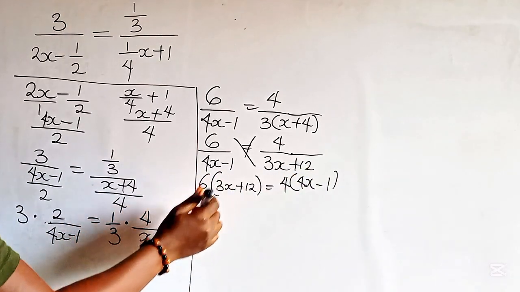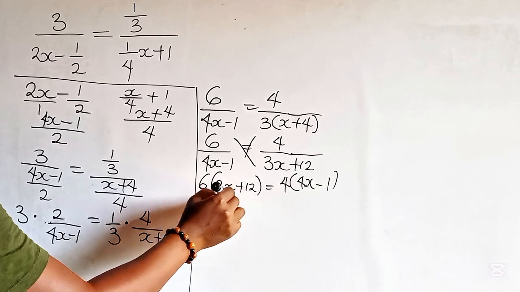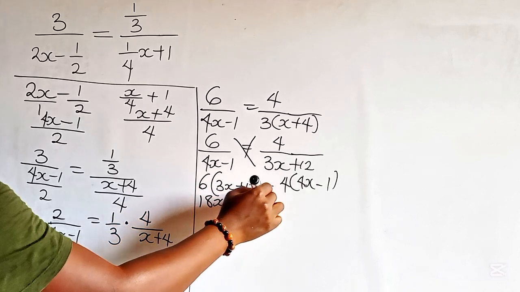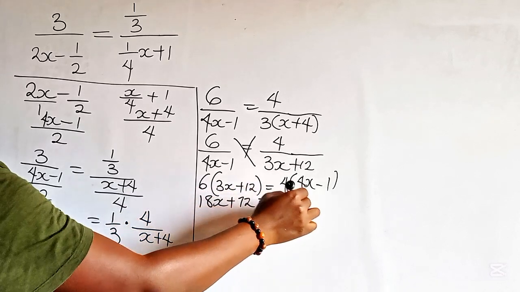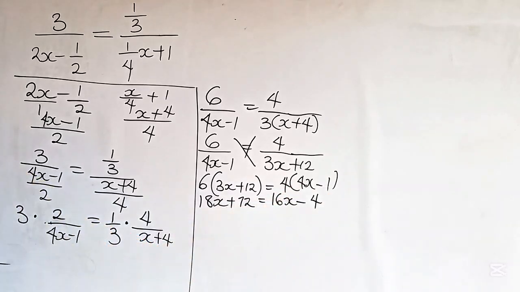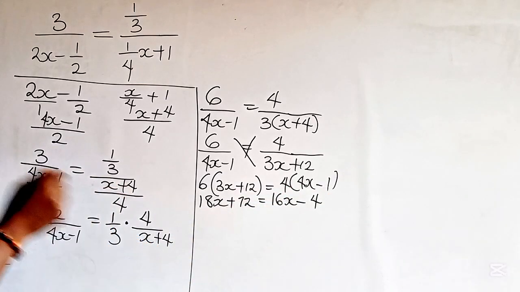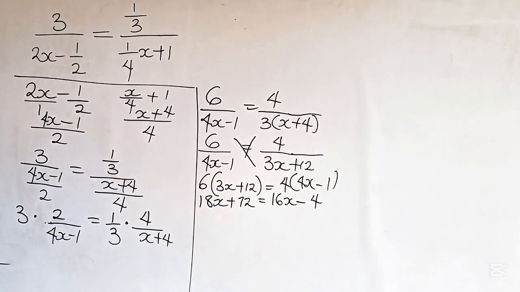So we have 6 times 3x, this is 18x plus 72 is equal to 16x minus 4, right? So we're going to group the like terms. Let the terms with the x variable move to the left-hand side.